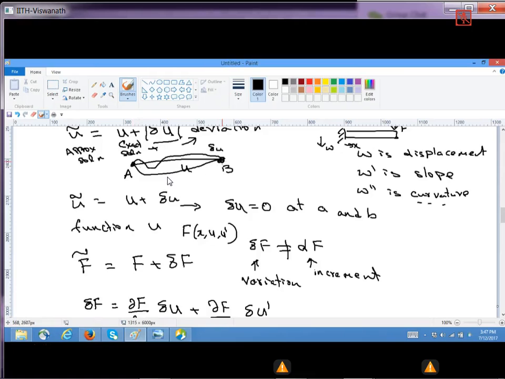So the deviation of the path at the starting and the ending is 0. But anywhere in between, δu of x is not necessarily equal to 0.